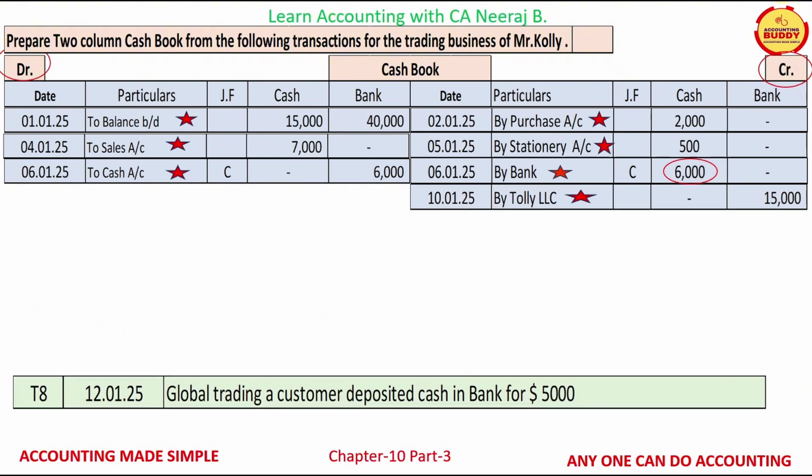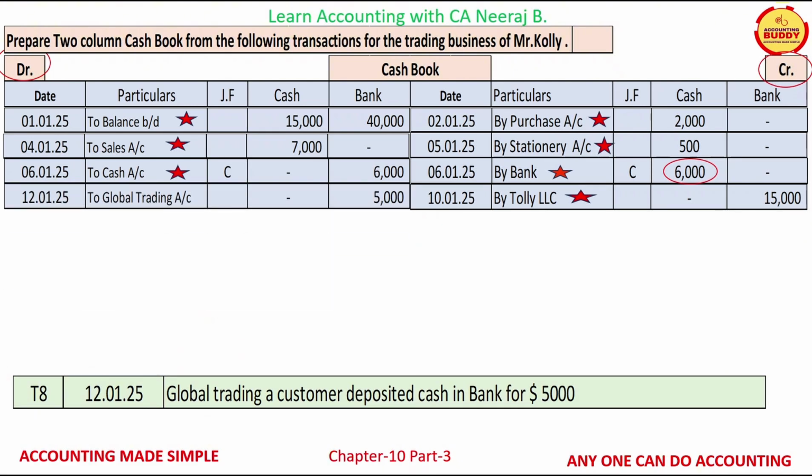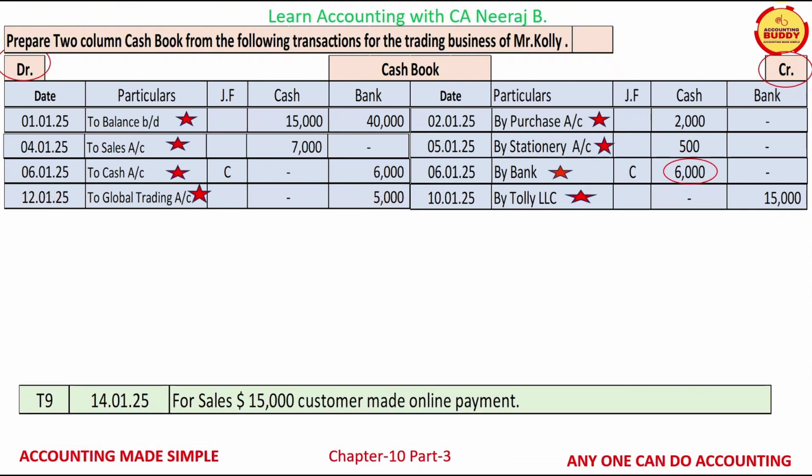Transaction T8 is on 12th of January 25, Global Trading, a customer, deposited cash of $5,000 in the bank account of the business. Since business has received the money, it will be recorded in the bank column on the left hand debit side of the cash book for $5,000 on 12th of January 25 by writing the words to Global Trading account.